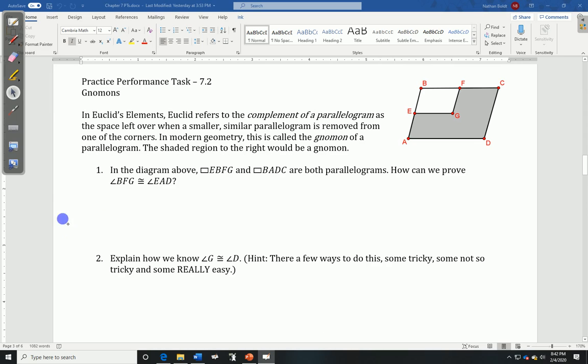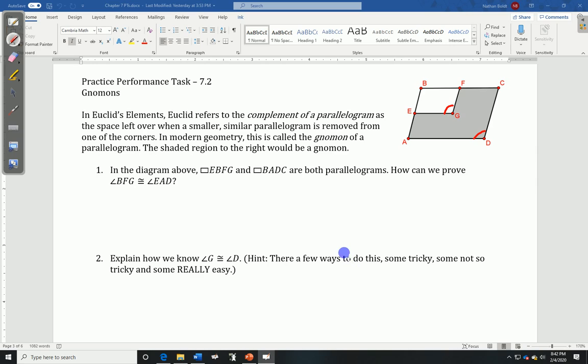All right, number 2. Again, mark your diagram. They're telling us angle G is equal to angle D. We again need to work our way from G to D. We can't just connect them instantly. You have to use properties to work your way from G to a few other places in the diagram, then to angle D. There's more than one way to do this.